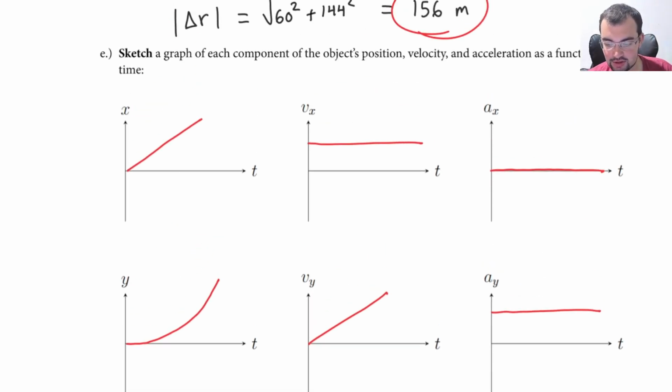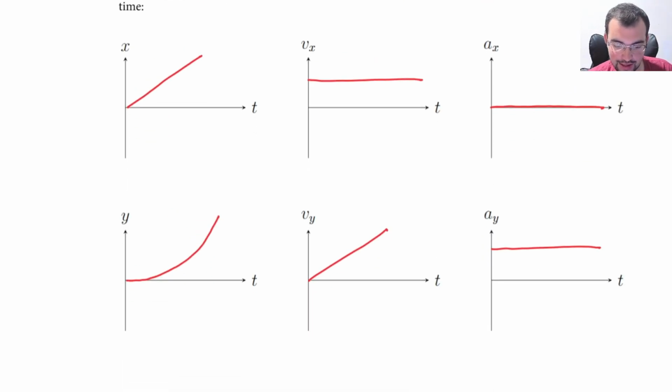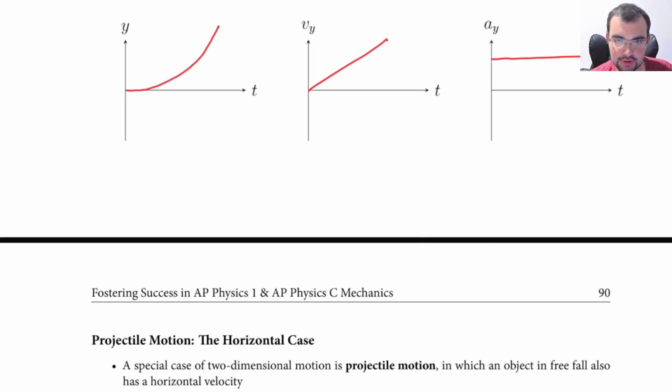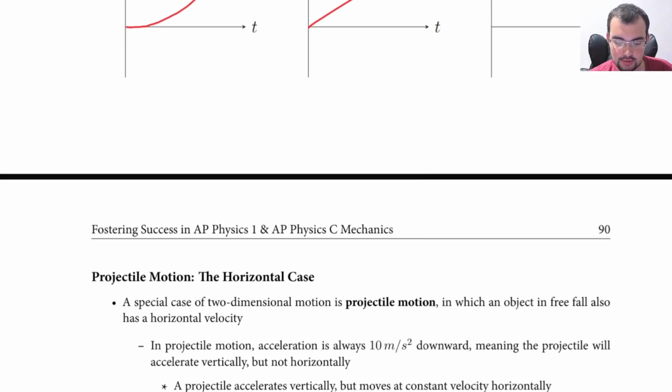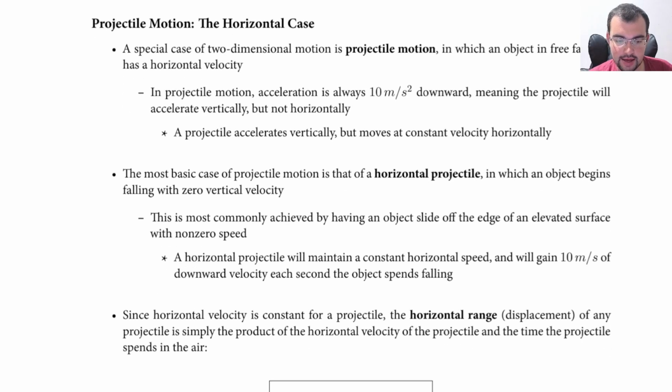So notice it is possible to accelerate in one dimension, but not the other. And that's usually the case we'll deal with. And when dealing with 2D motion, 90% of the time, it is this projectile motion. So anytime an object is moving horizontally and in free fall, we call it a projectile.